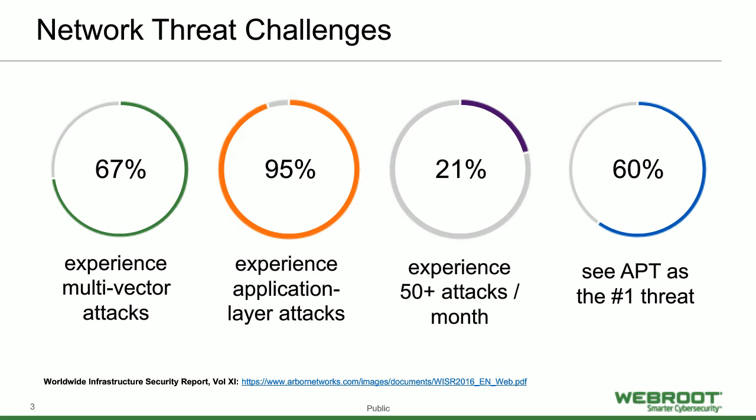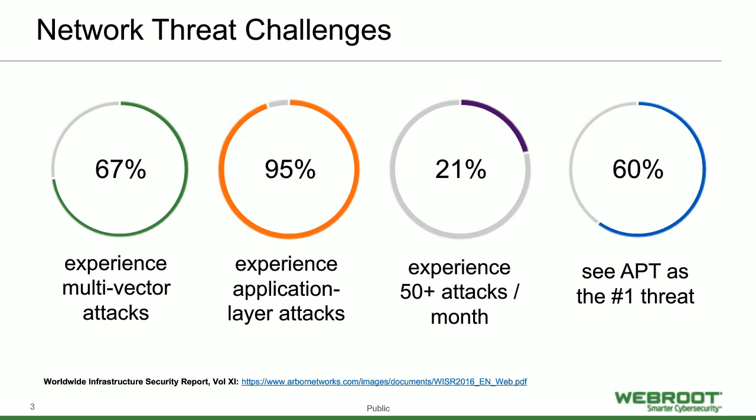Those are all the different vectors of attack that are constantly coming in and having issues or potential issues with your network. It was reported that 67% of these folks were seeing these kinds of attacks, and this is a big concern, a very significant rise from just 56% a year ago. So it's on the rise, it's on the increase.